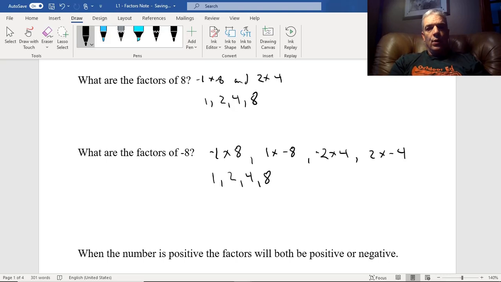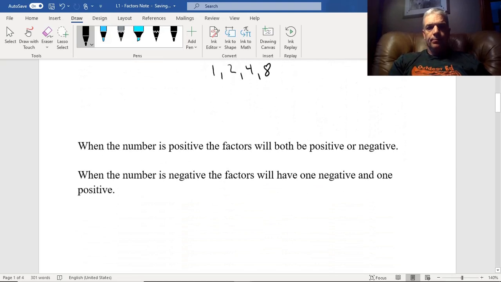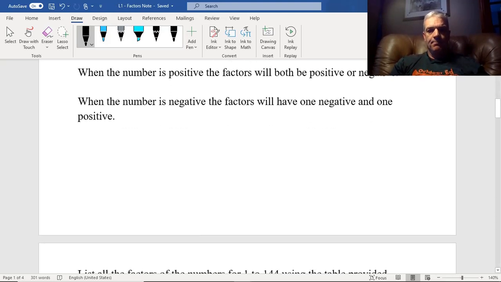And up here, either both are positive or both are negative. When the number is positive, the factors will both be positive or both negative. When the number is negative, the factors will have one negative and one positive. It's important to understand that concept, but it doesn't change the actual number of factors that you have.